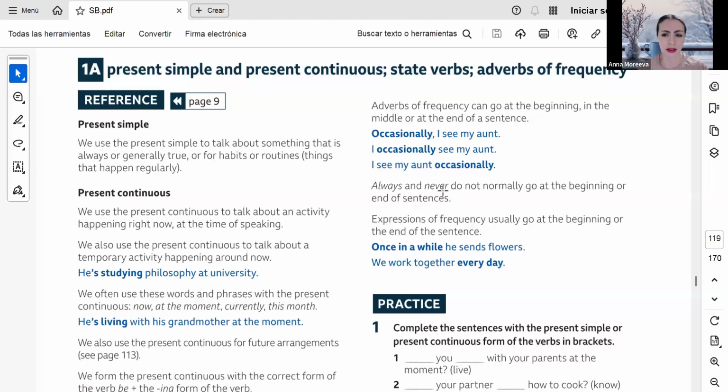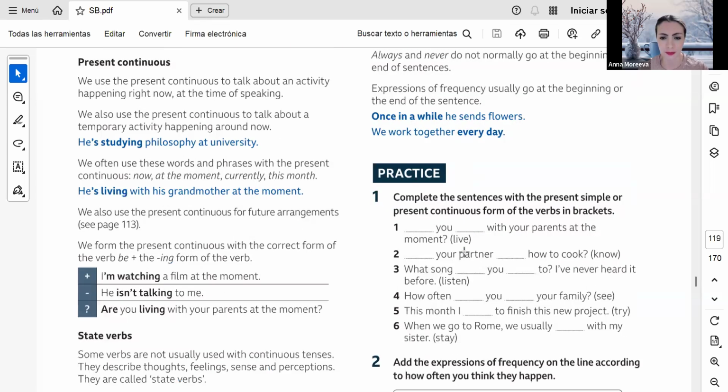Always and never, they don't go at the beginning or at the end. It's usually in the middle. I always call him on the weekend, or I never go shopping to the supermarket. So we can't say always I or never I. So they are usually in the middle.